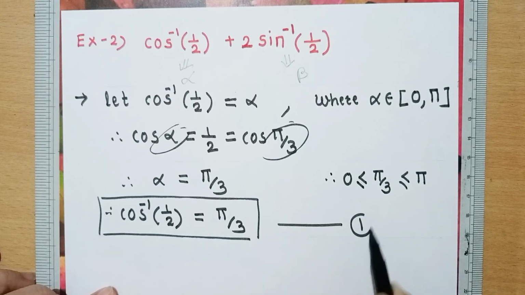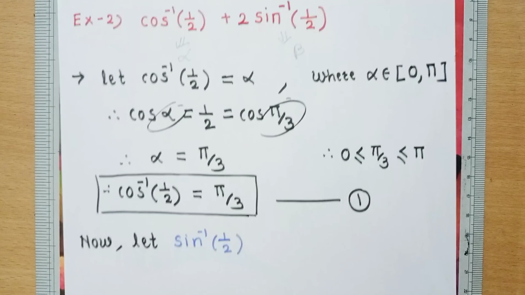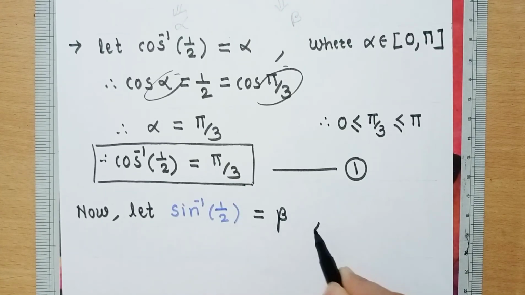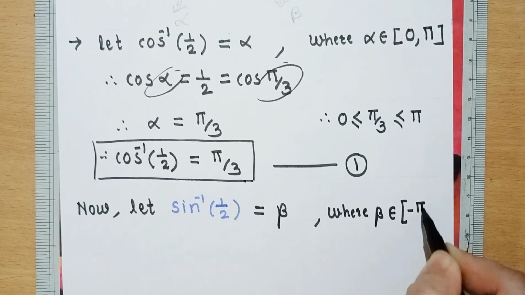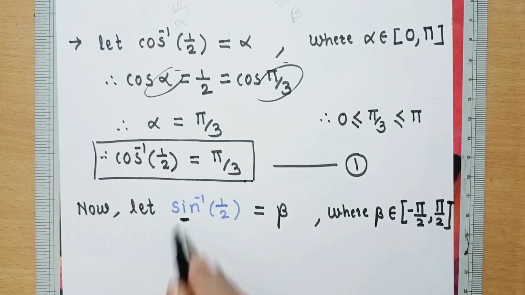Now let's find the second value, which is sine inverse of half. Let this function equal beta, where beta belongs to the closed interval minus pi by 2 to plus pi by 2, which is the principal value branch for sine inverse.